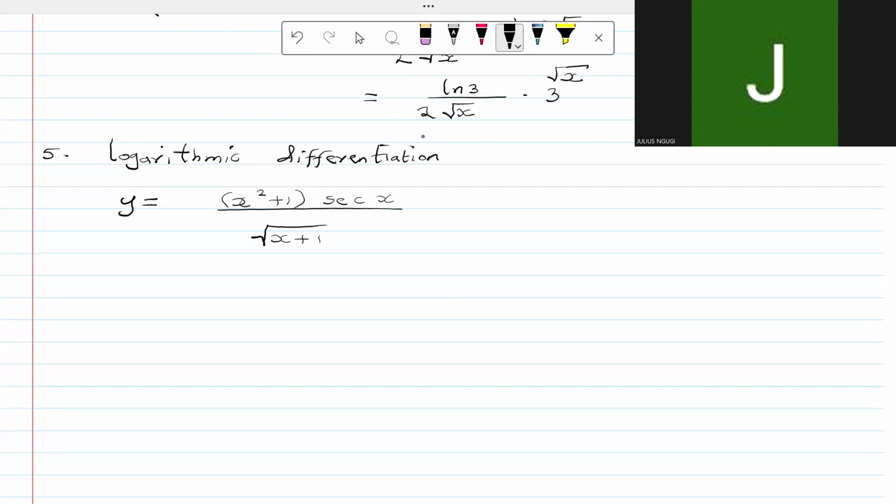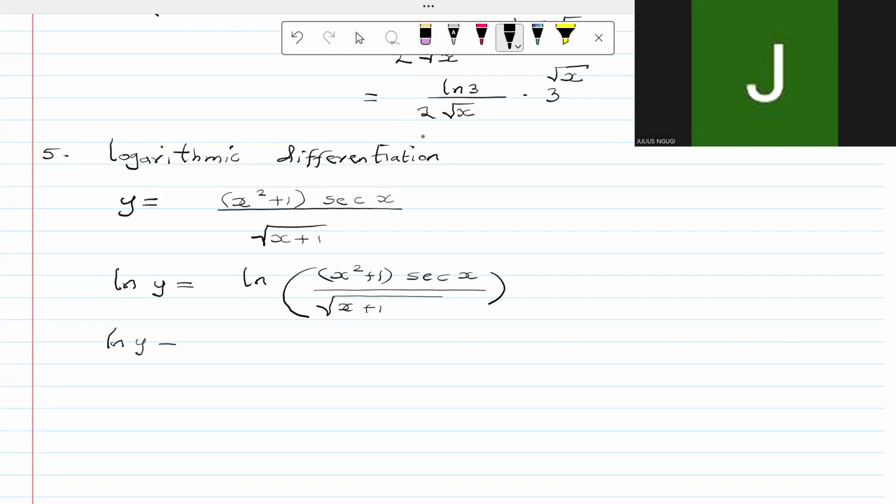So what you do, you introduce natural log on both sides. Natural log of y equals natural log of the whole of this complicated problem. So the steps here, you use the properties of natural logarithm.